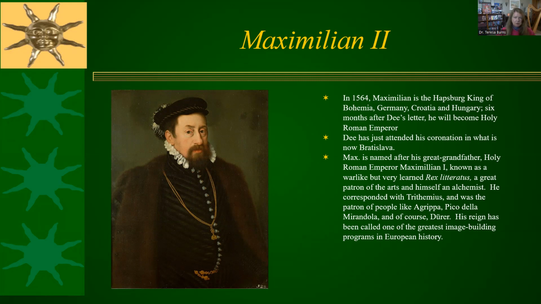He corresponded with Trithemius. Years later, Dee will go to a lot of effort and write back to William Cecil about how important Trithemius's work is, and then he wants a copy of it, and he copies the Stenographia himself. Maximilian is a patron of people like Heinrich Cornelius Agrippa, Pico della Mirandola, and probably most importantly, Albrecht Dürer.